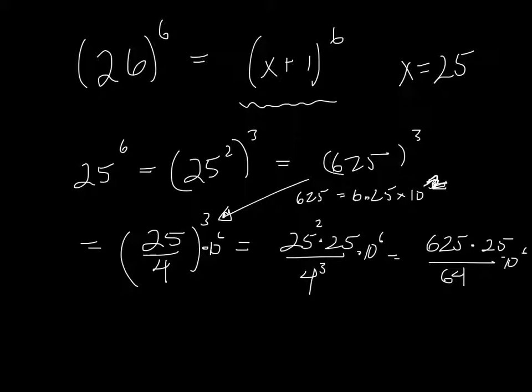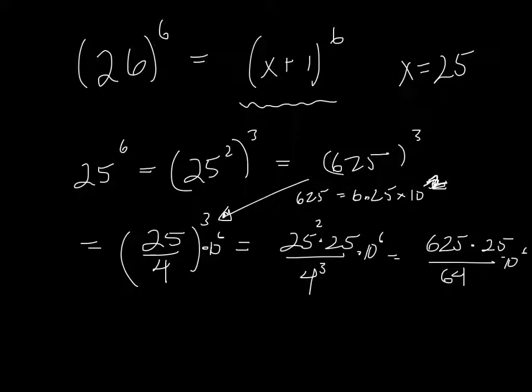Now, 625 over 64. We could just multiply out 625 times 25. I actually know it's 3125 times 5. Well, 5 times 625 is 3125.